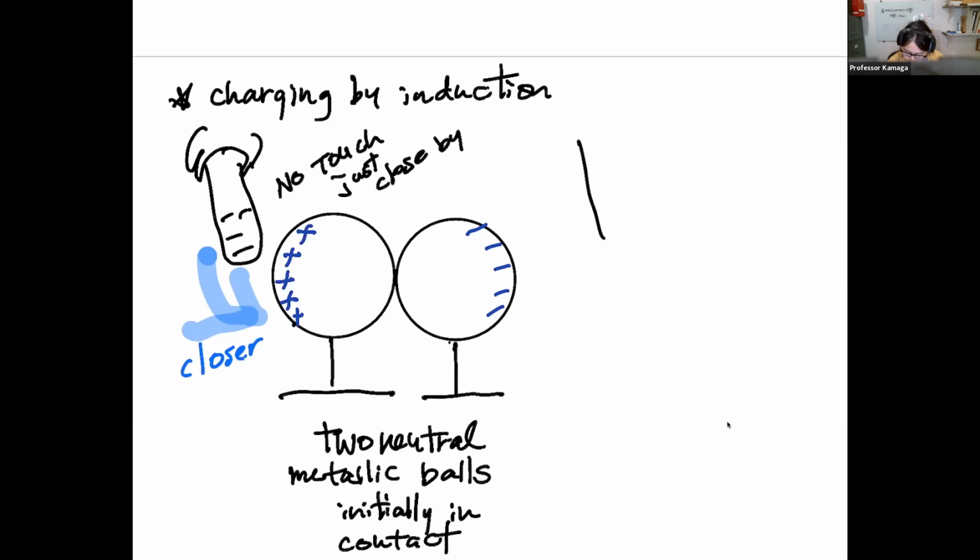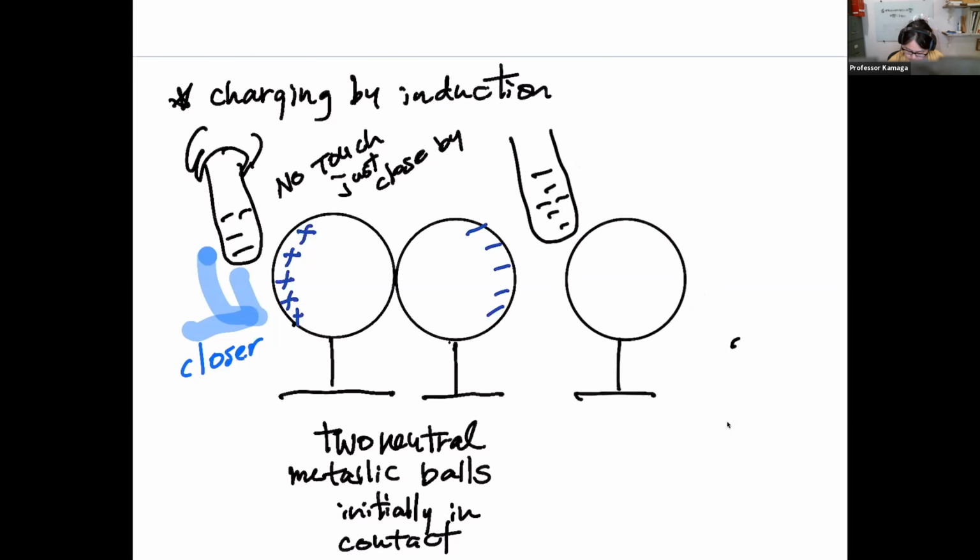We want to keep it closer. Then I'm going to separate these two, while having the rod nearby.